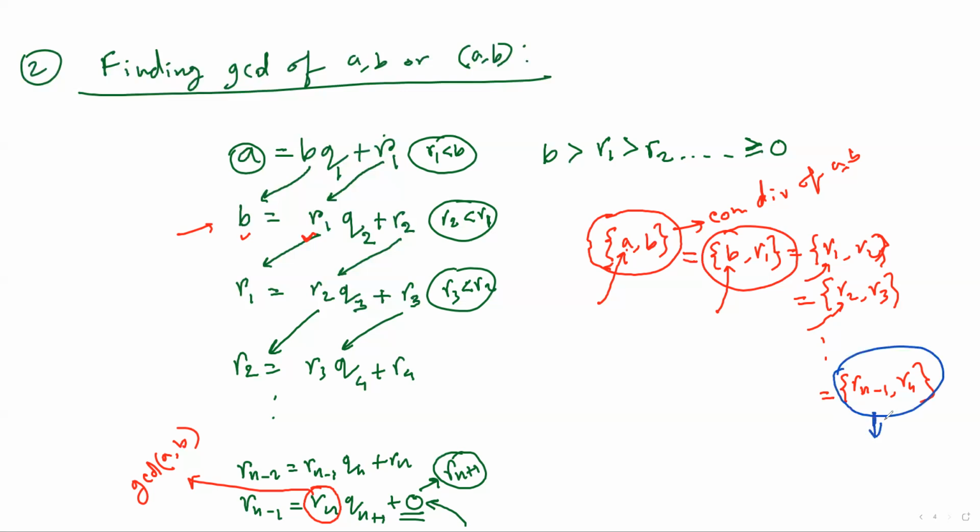Can anyone tell me what the common divisor of these two is? Concentrate on this equation. Let me rewrite the equation. Rn minus 1 is equal to Rn times Qn plus 1. Now you can see that Rn minus 1 is already a multiple of Rn.